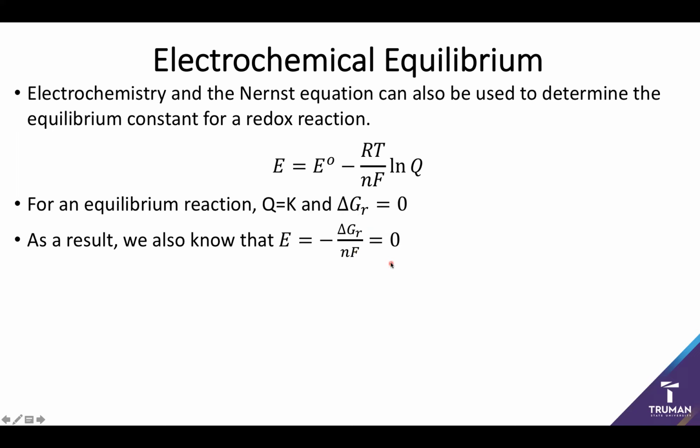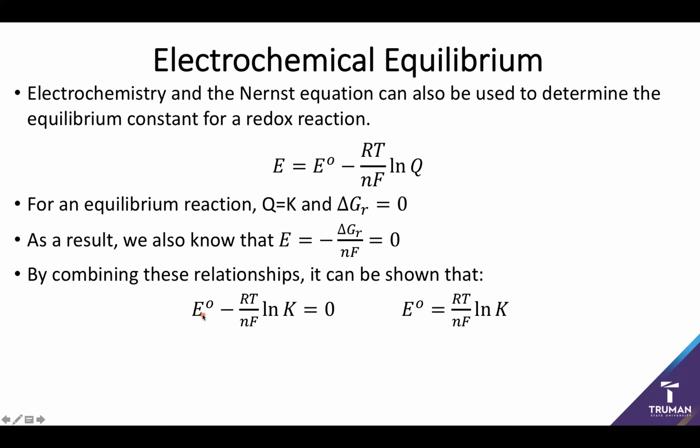And thus we can go ahead and simplify our Nernst expression, because we know that our standard state potential minus RT/nF times the natural log of the equilibrium constant should also equal zero. So we can then set this relationship between our potential and our equilibrium constant. As long as I know one, I should know the other.